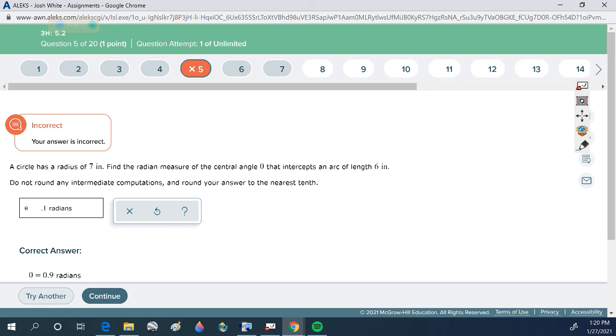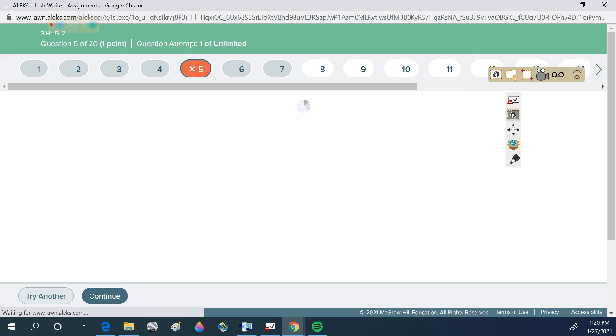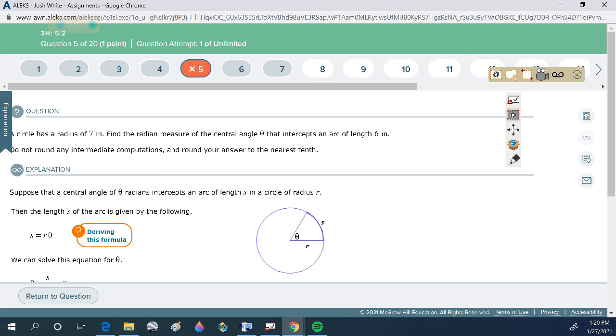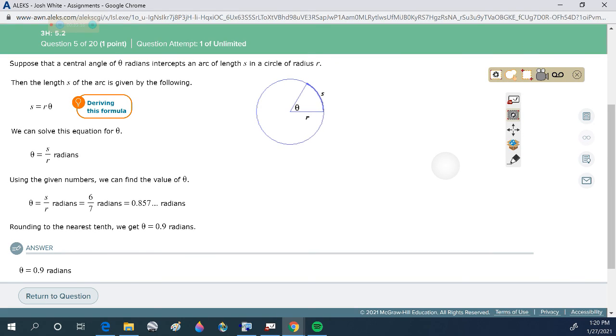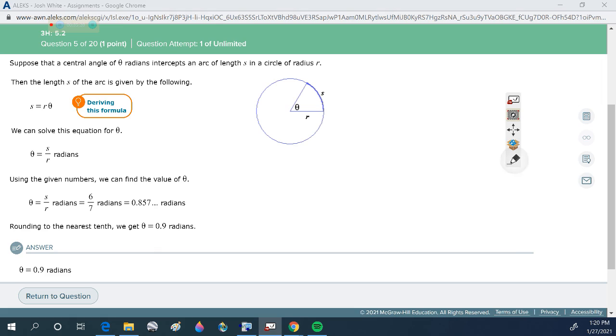What did I do wrong? Radius of 7, arc length of 6. Oh, 6/7. I didn't need the pi. So anyway, that's where we're headed.